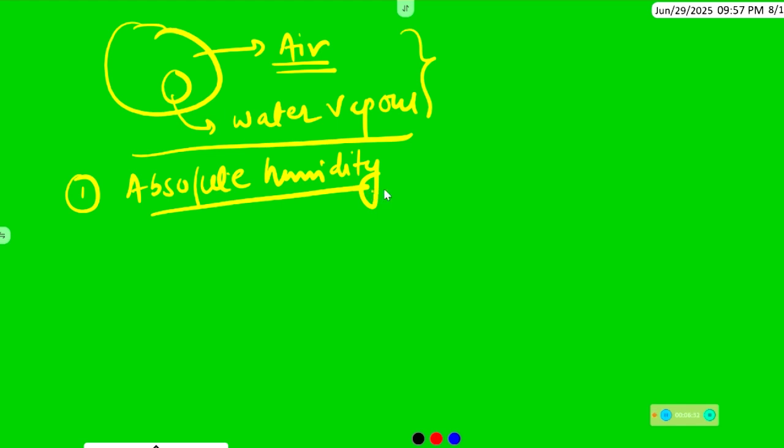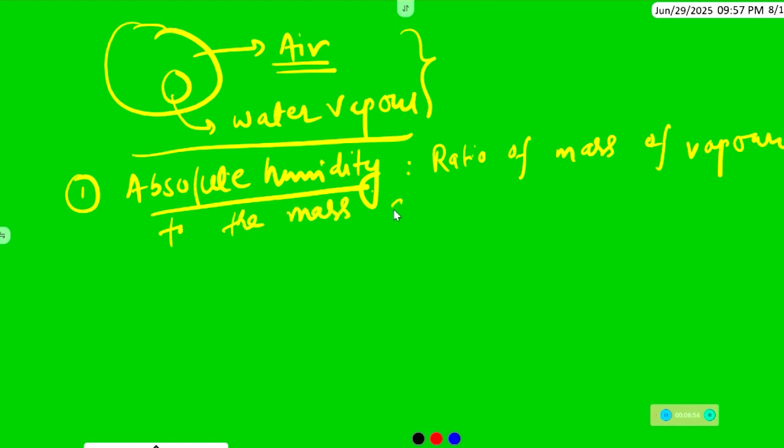Absolute humidity is the ratio of mass of vapor to the mass of dry air.